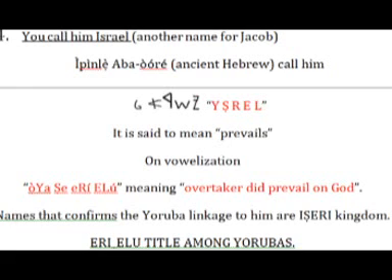So Oya Okobi Sherielu, shortened to Oya Sherielu, means the overtaker did prevail on God. Actually, the one who overtakes did prevail on God.